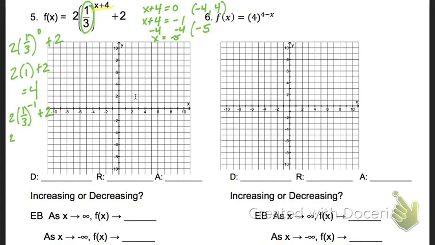And 2 times 3 plus 2. 6 plus 2 gives me 8. So my 2 points I'm plugging in are negative 4, 4, and negative 5, 8.